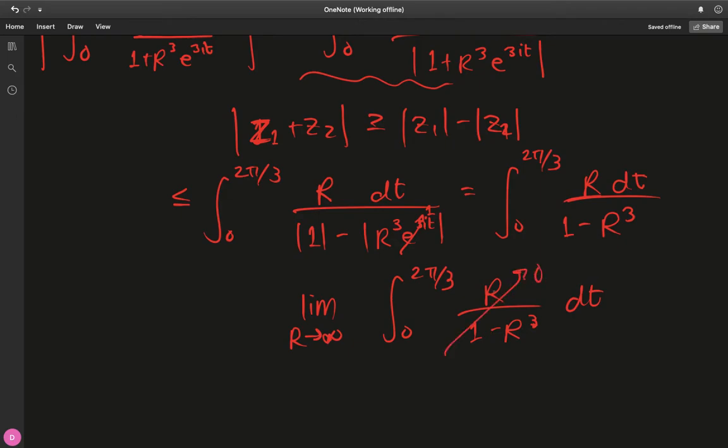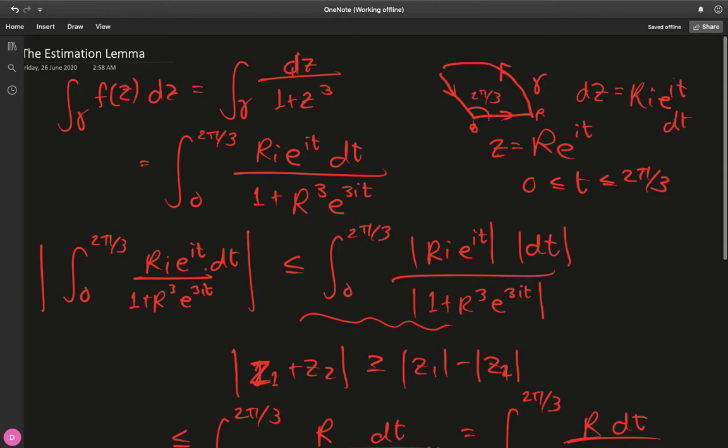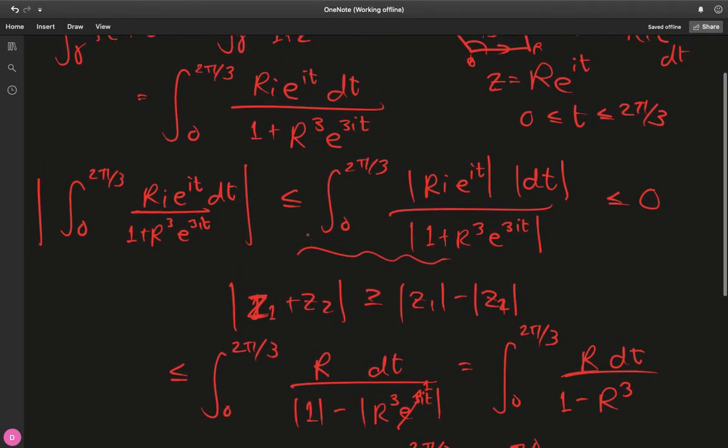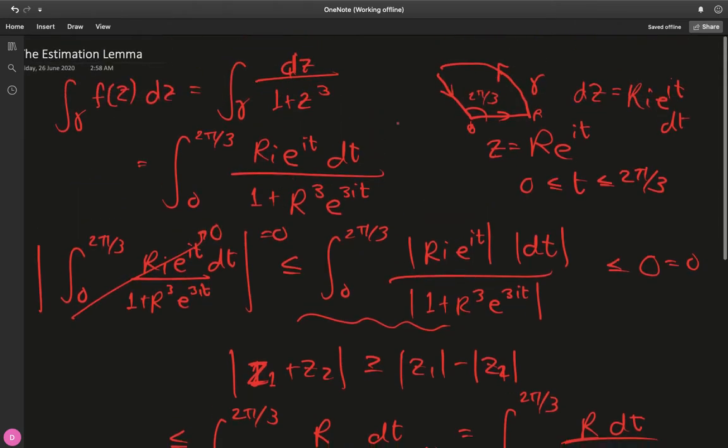So this means that the mod of the entire expression was less than or equal to 0. But since the mod is greater than or equal to 0, the only way both conditions are satisfied is if this thing is equal to 0. So the mod of something is equal to 0, which means that the thing of which we took the mod has to be equal to 0. That's why the integral over gamma of f of z dz is equal to 0.